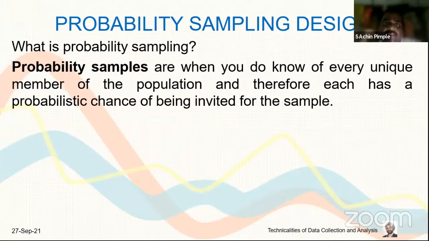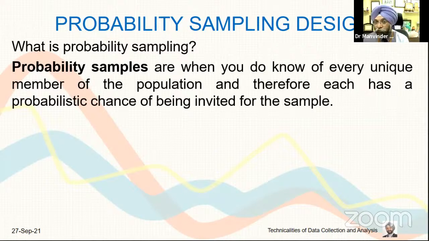So probability samples are when you do know of every unique member of the population, and therefore each has a probabilistic chance of being invited for a sample. When you know every unique member, meaning all the members, the first most important thing is that you must have the list of the population. Then only probability sampling can be done.